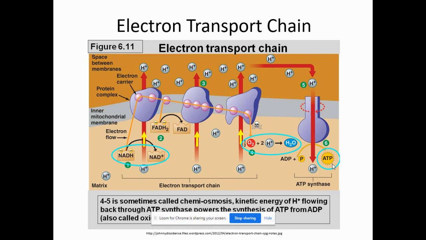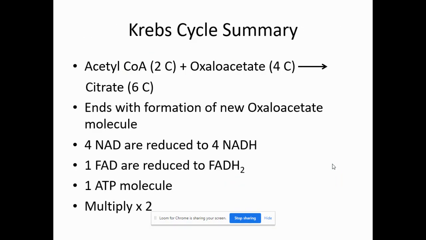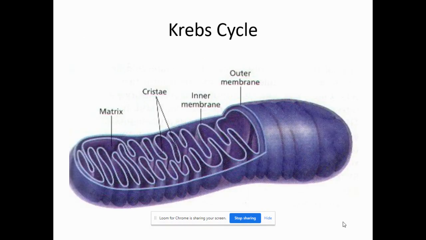Now remember, let's go back to here. What's the purpose of these cristae? You see these inner membrane foldings that we call cristae. What's the purpose of the foldings of the inner membrane? Now remember, the electron transport chain is happening across the inner membrane, and where's the majority of the ATP being produced? In the electron transport chain.